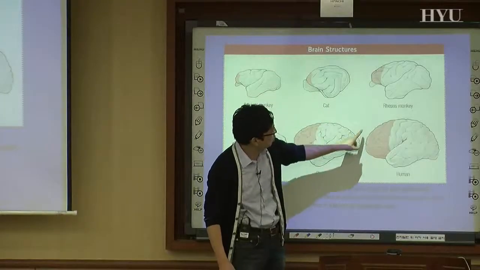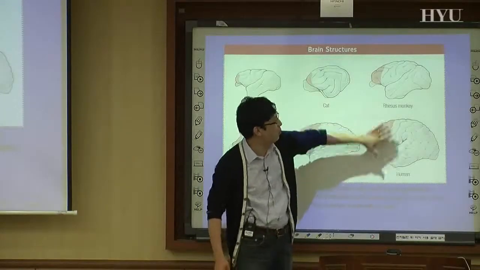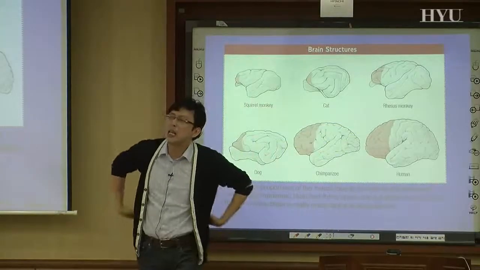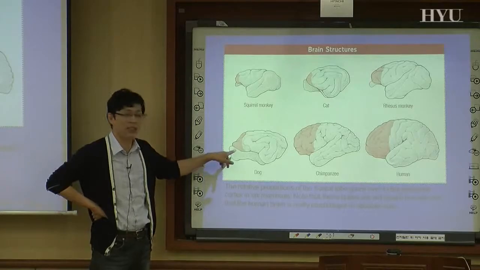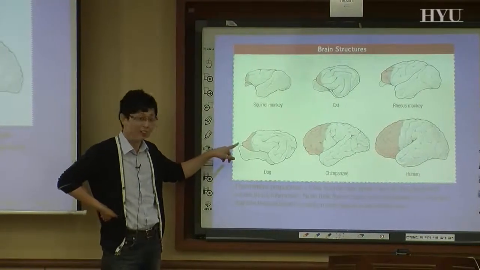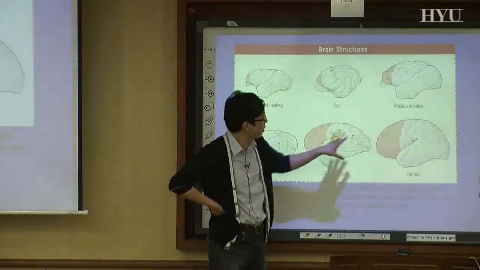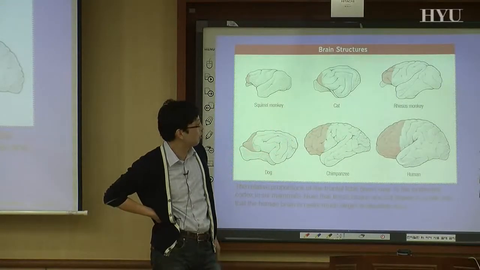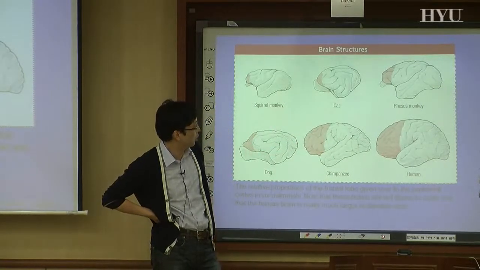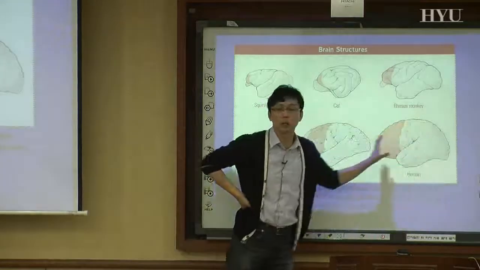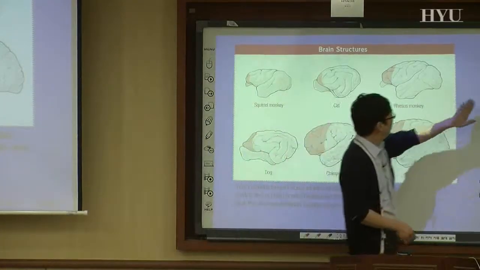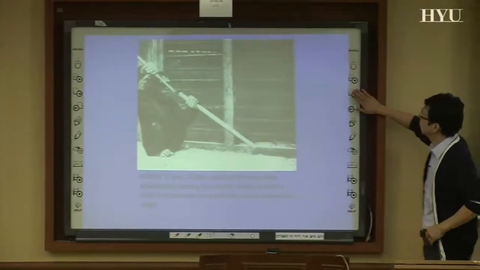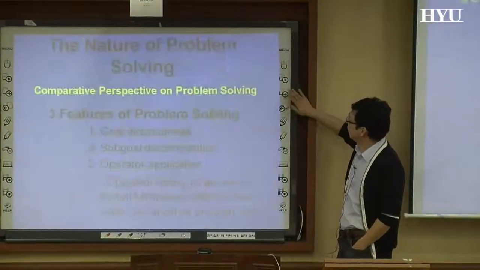In human beings, a major part of the front side is used for problem solving. The dog has a very small area. The chimpanzee has a quite similar area of frontal cortex, however, our brain is much bigger than chimpanzees'. So that is Sultan.